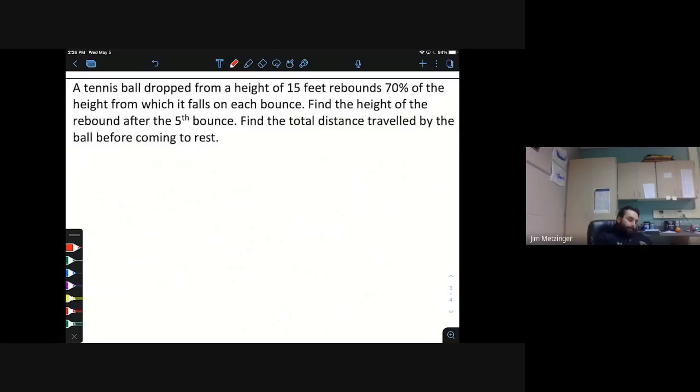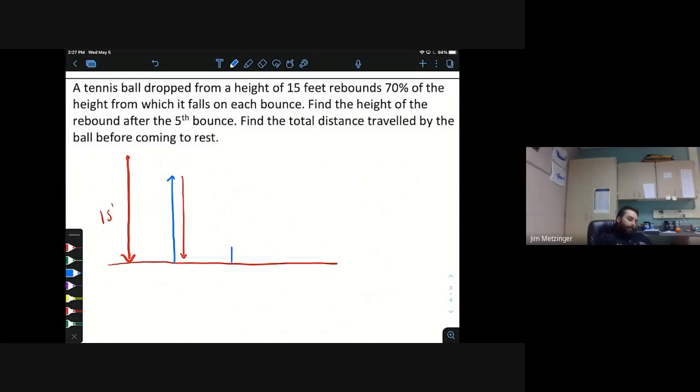All right, so let's see. The ball starts, falls 15 feet, hits the ground, bounces up 70% of that distance, and it falls again.